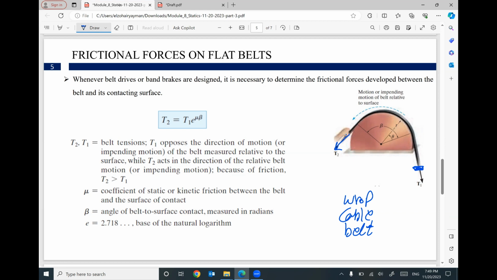Keep in your mind, if the weight here equals 100 Newton, for example, I think you need to apply more force here, more than 100 Newton, to be able to lift this weight.